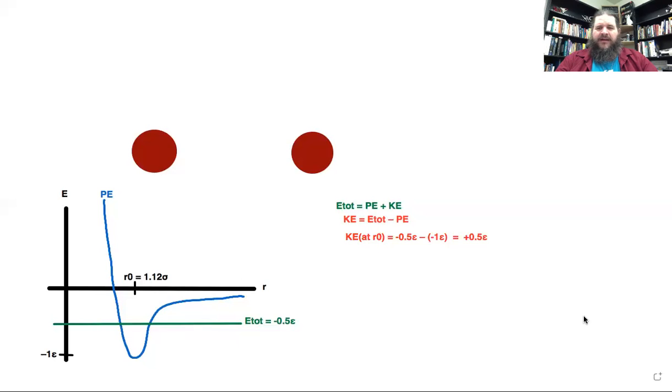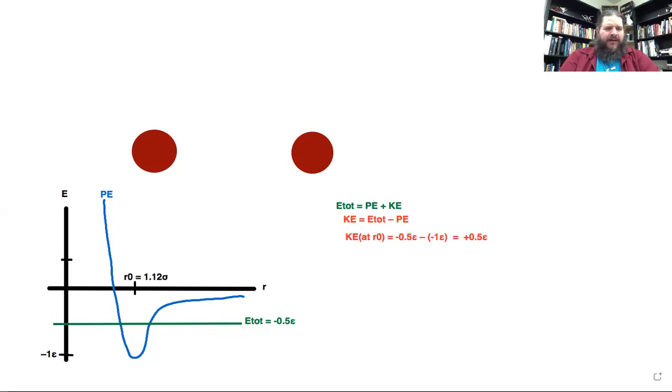And also we know kinetic energy cannot be negative. So if we get any value of kinetic energy that's negative, we know that doesn't actually happen. That is, if there's a certain location that suggests kinetic energy is negative, that means the particles can never actually be that distance apart. We do definitely know that we can mark +0.5 epsilon when the distance is R naught.